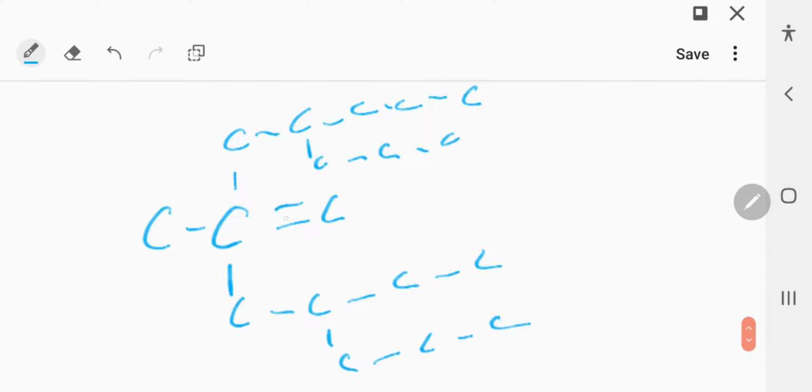Remember that this double bond must be included. So 1, 2, 3, 4, 5, 6, 7. 1, 2, 3, 4, 5, 6, 7. 1, 2, 3, 4, 5, 6. 1, 2, 3, 4, 5, 6, 7.